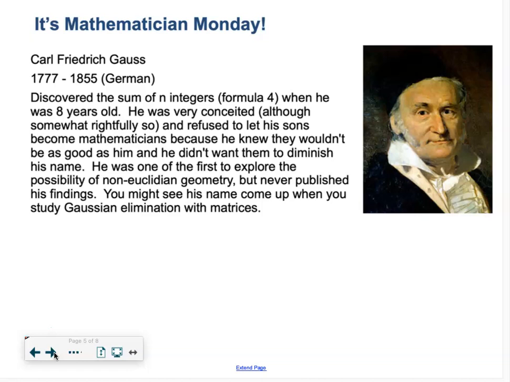I'm going to tell you a little story about him. He lived in the late 1700s, early 1800s. He was German. He discovered the sum of n integers, which is what you're going to learn tomorrow, I call it Formula 4, when he was 8 years old.